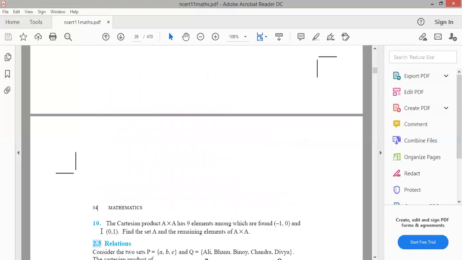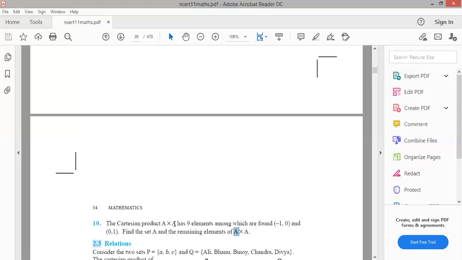And on the same lines, question number 10, the Cartesian product A cross A has 9 elements, which are found to be -1, 0 and 0, 1. What are the elements in A cross A? So A has the elements that are the first entries of these ordered pairs, that is -1 and 0.